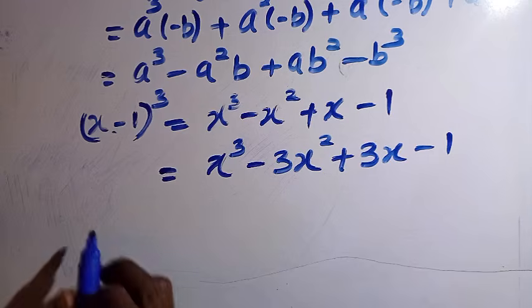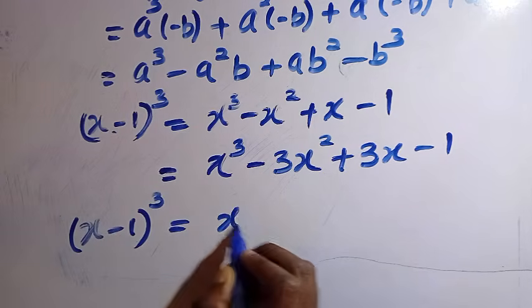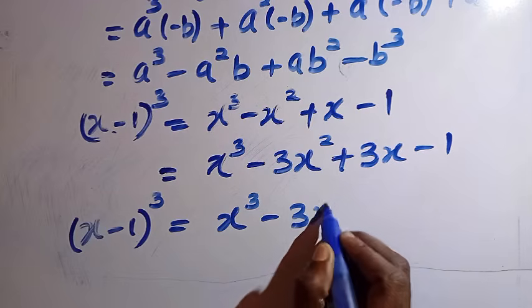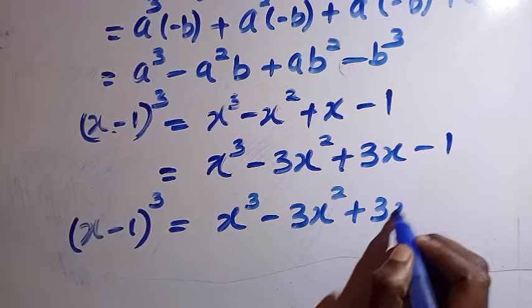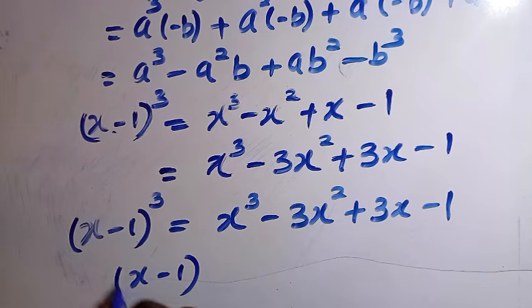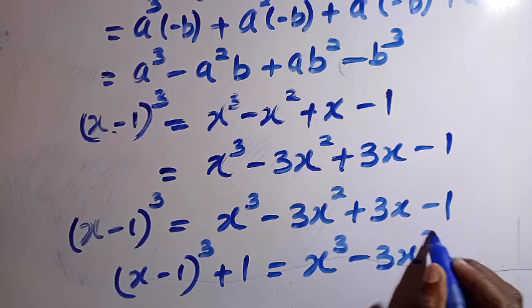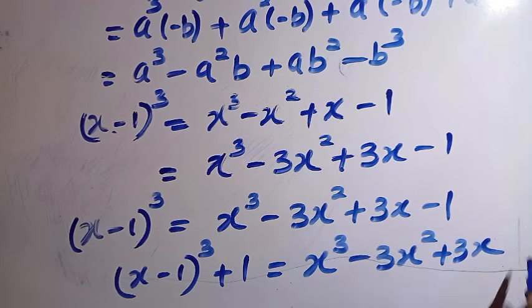Then what we have is x minus 1 power of 3 equals x cubed minus 3x squared plus 3x minus 1. So let's take this one to this side, as we have x minus 1 power of 3, then plus 1 equals x power of 3 minus 3x squared plus 3x.